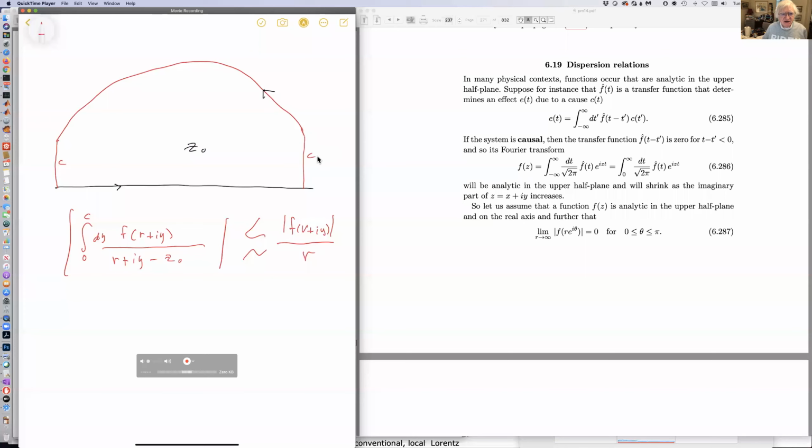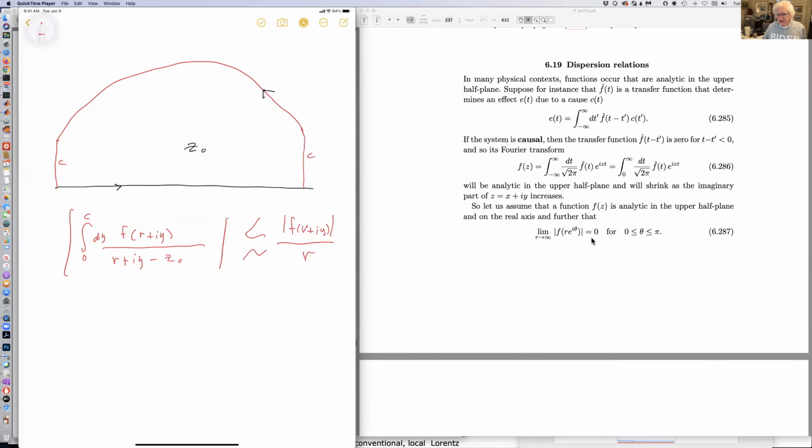And when it's sufficiently high in the complex plane that this modulus is very small, and it's very small because we're imagining that f satisfies a condition like this, which would be a consequence of its being the Fourier transform of a function that vanishes when the other variable t is negative.